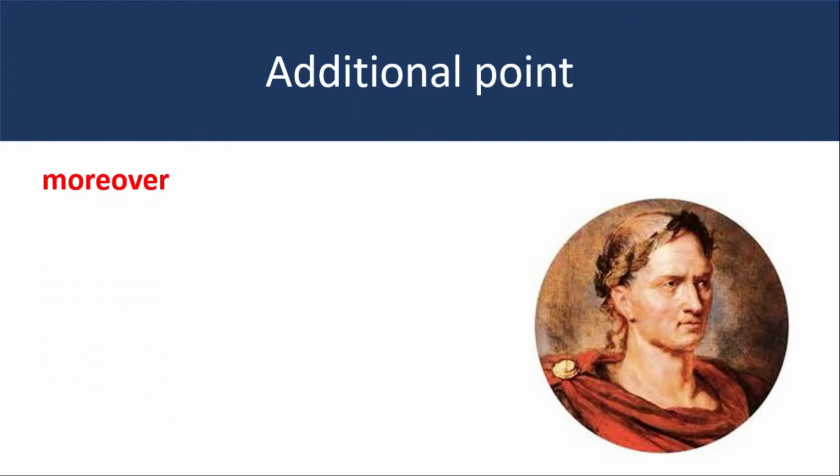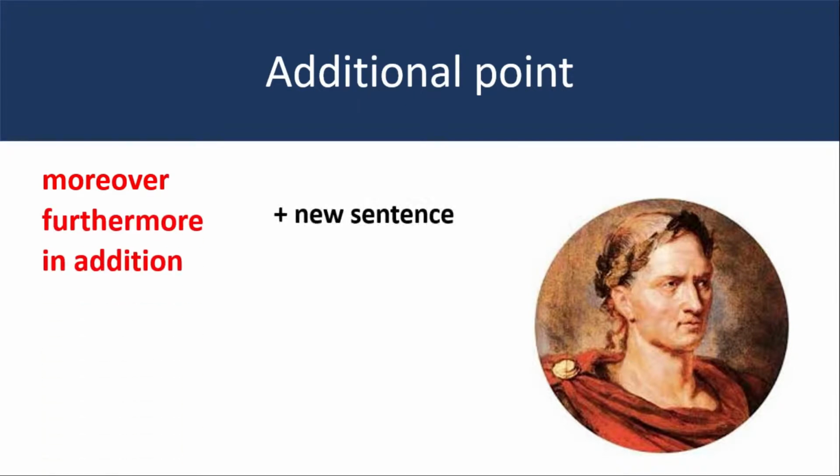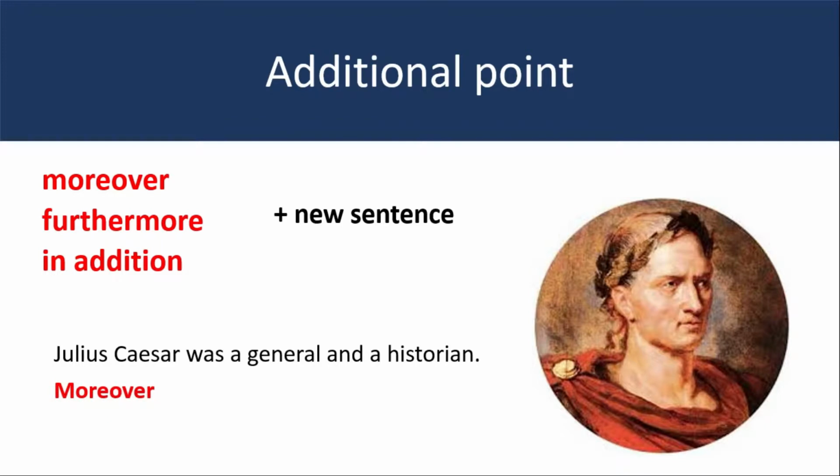Moreover, to express an additional point: furthermore, in addition, plus a new sentence. Here we have an example. Julius Caesar was a general and a historian. Moreover, now you can expect a new sentence: he was a talented mathematician.